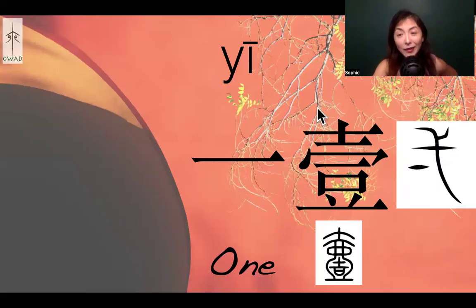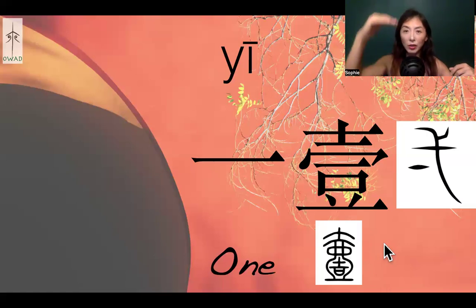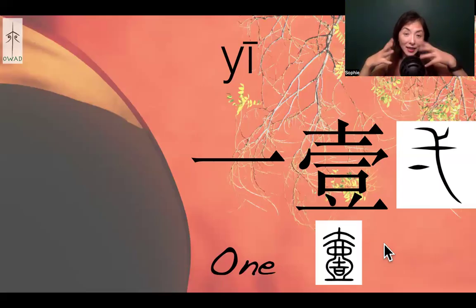So this complicated version came from this bottle of liquor, ancient wine, Chinese version. And this bottle has a narrow neck, right? A bigger body. And then at the top of it, there are 2 curved lines with 1 vertical line. That means out. It means the liquid from the bottle goes out in one continuous piece.